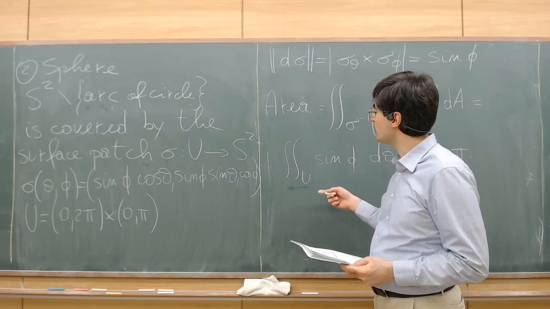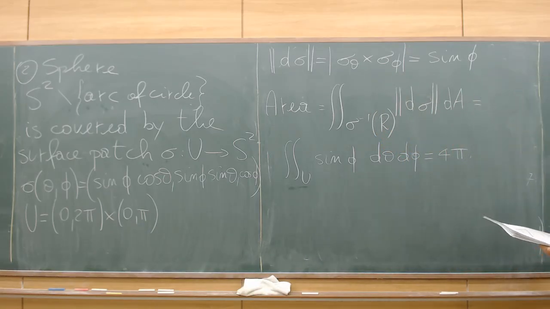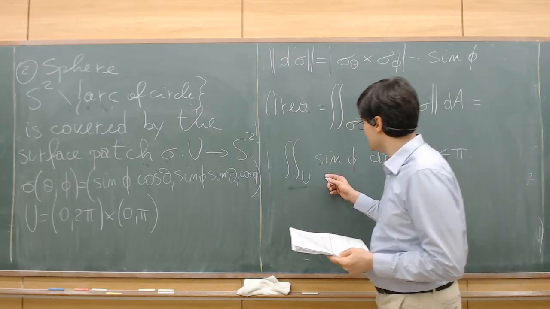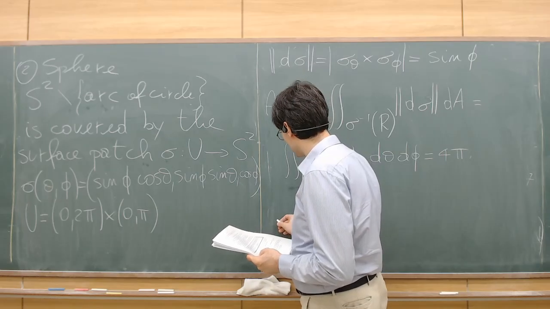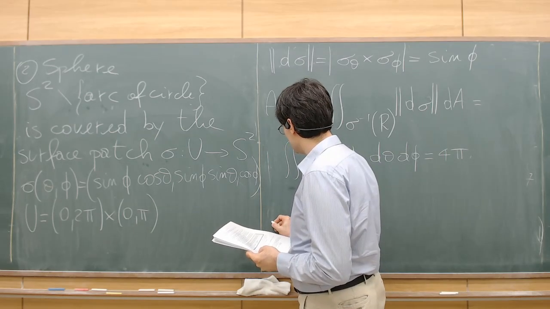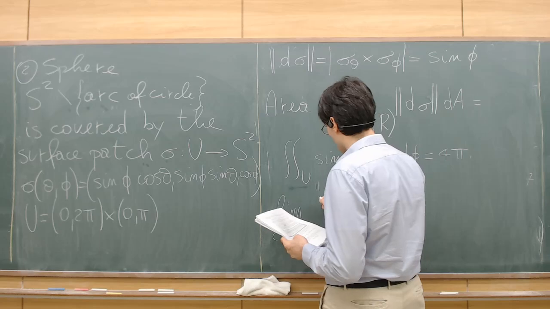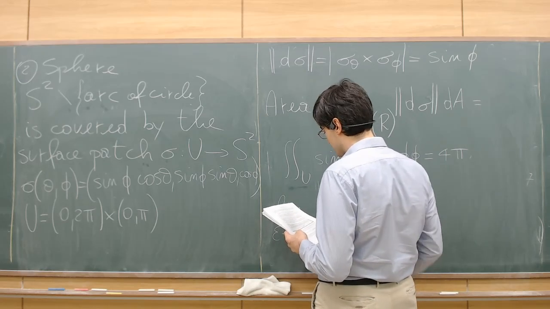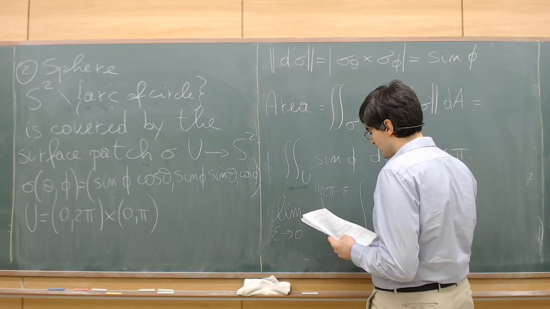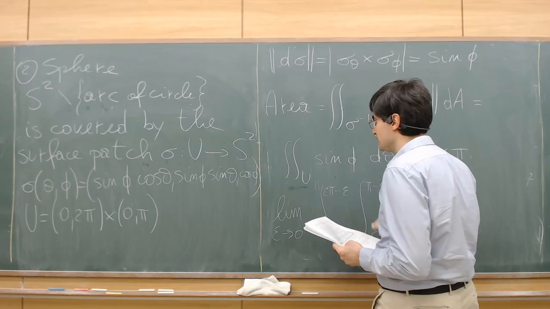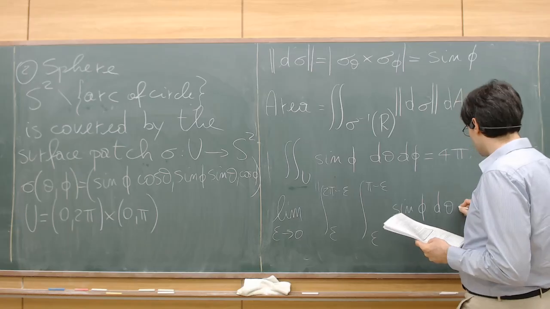So if we want to be rigorous, instead of writing it this way, I should write this integral as the limit as epsilon tends to 0 of the integral from epsilon to 2 pi minus epsilon of the integral from epsilon to pi minus epsilon of sine of phi d theta d phi.